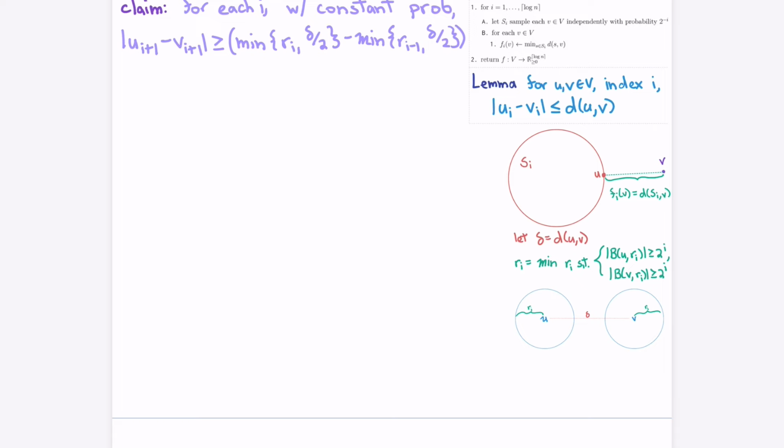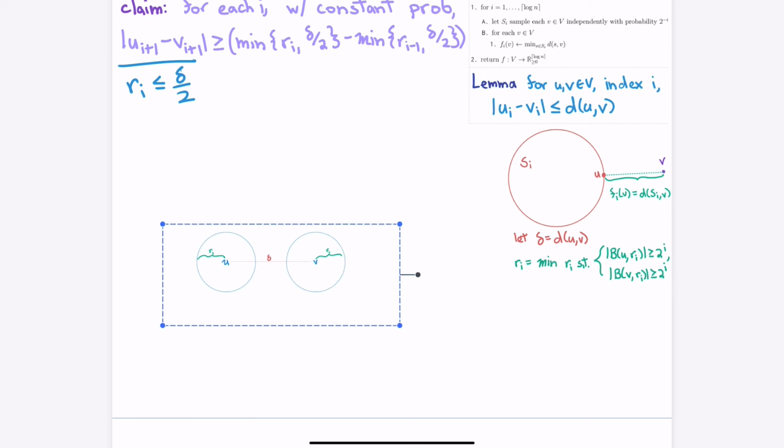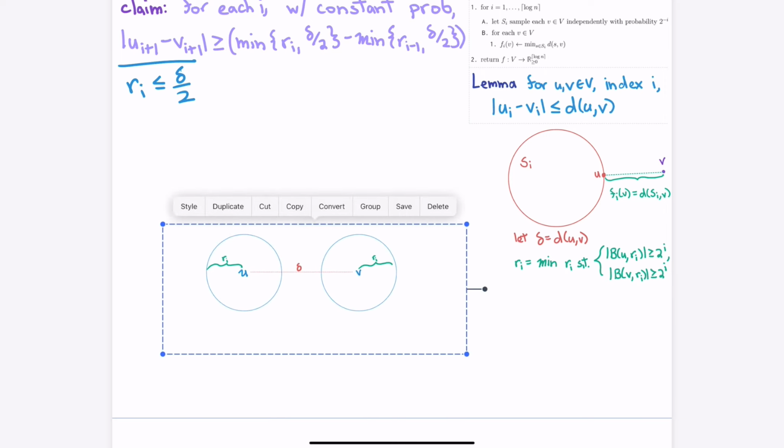Let me focus on the case where r_i is at most delta over 2. In that case, it does look like this, where the balls don't touch, because they're far enough apart.